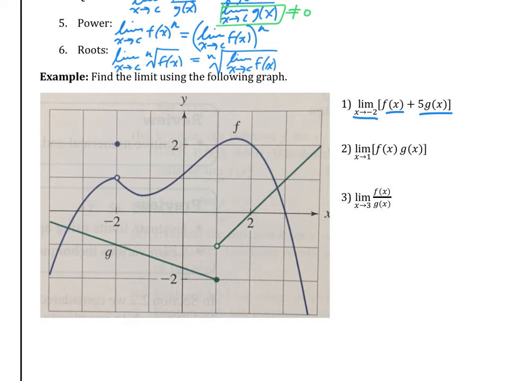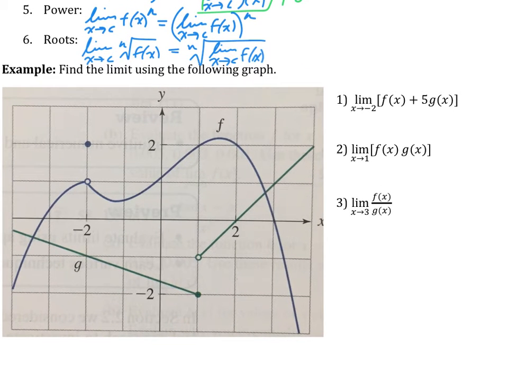The green is g, the blue is f. Well, it's kind of hard to evaluate the limit when the two functions are together. So what we can do is apply the limit rules that say you can just split them out. Or maybe we'll get really lucky and it happens to be continuous at -2. I don't know. So let's see.